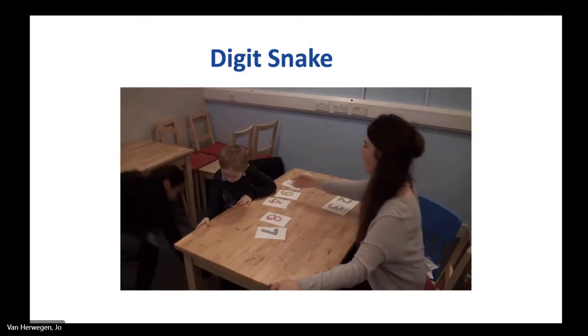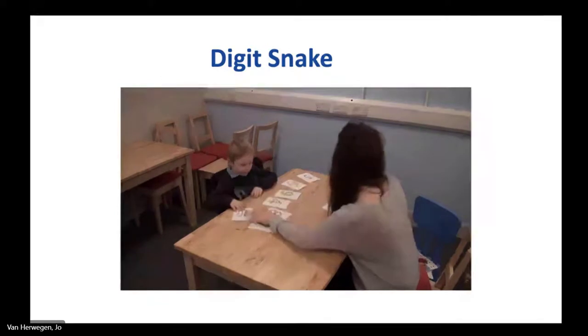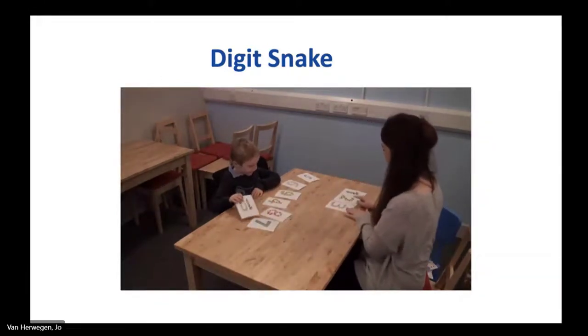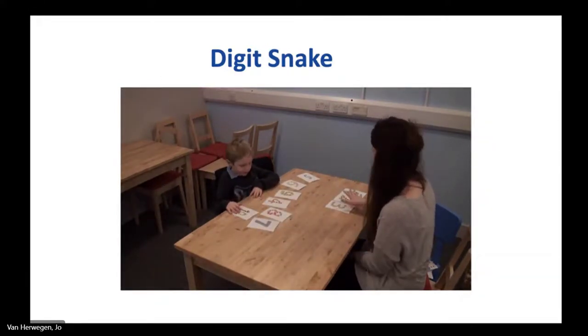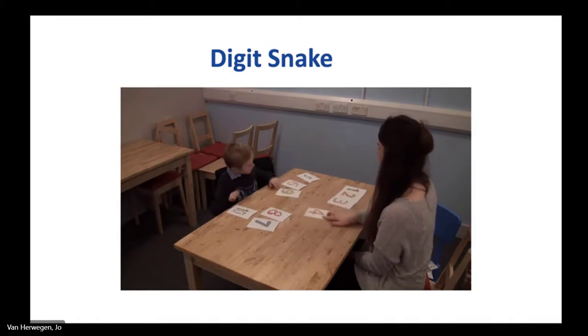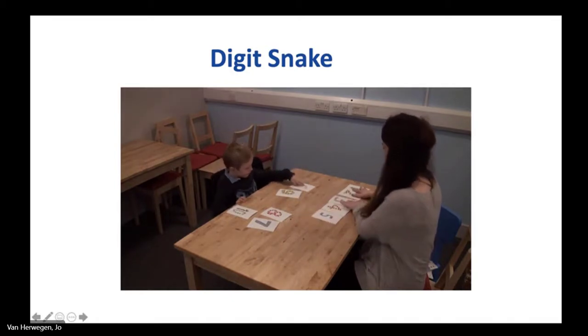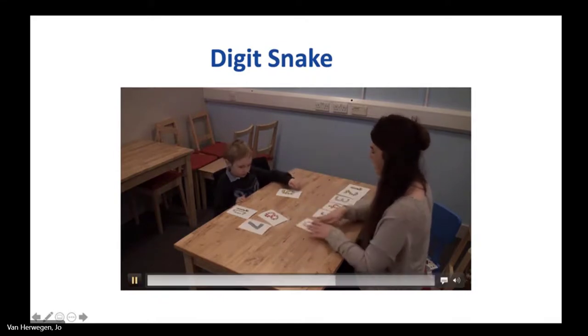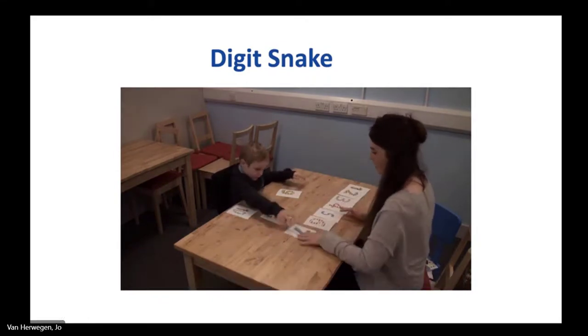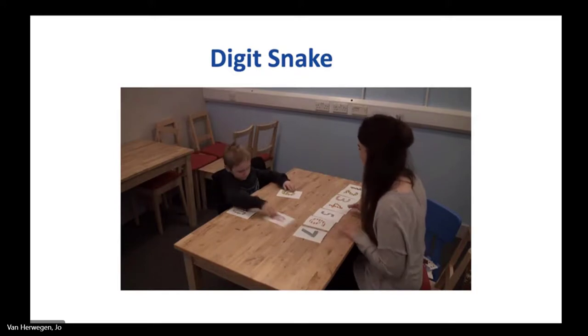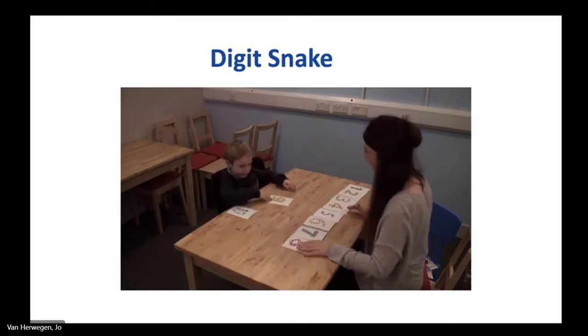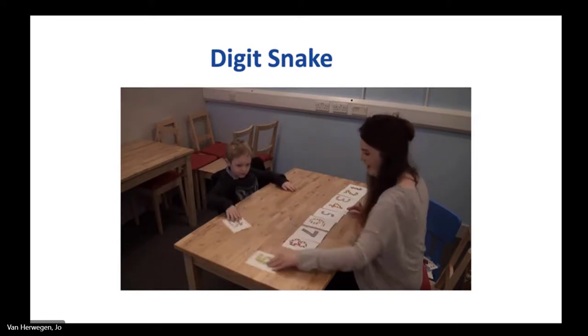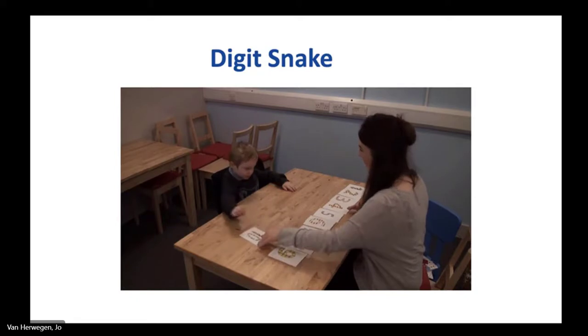Okay, well done. Thank you. We've got 1, 2, 3. What comes next? 4. Well done. And then 5. And then what comes next? 6. Well done. And then 7. Good job. And then 12. And then 8. And then 9. And then what's that last number?